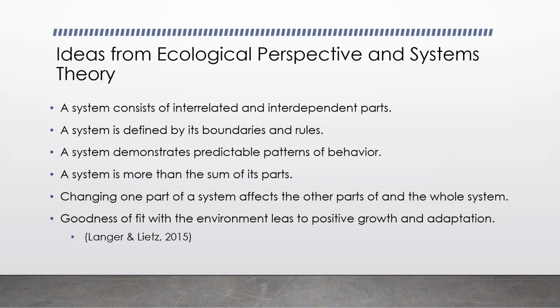Boundaries are important to understanding ecological perspective and systems theory because boundaries determine the degree to which a system is separated from its environment. So a closed system allows nothing to come in or out of the system, whereas an open system allows input and output so that there's a transaction with the environment surrounding the system.